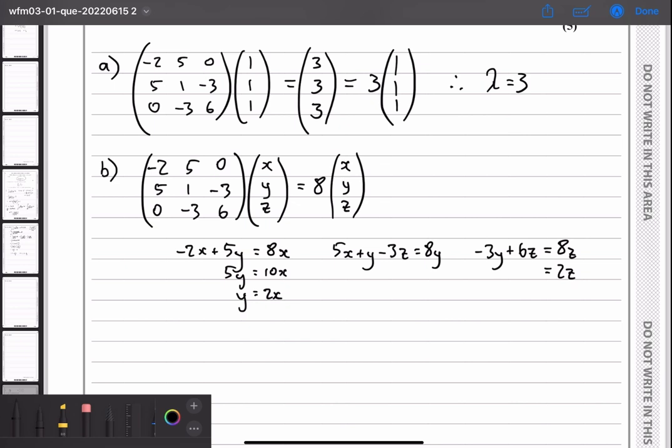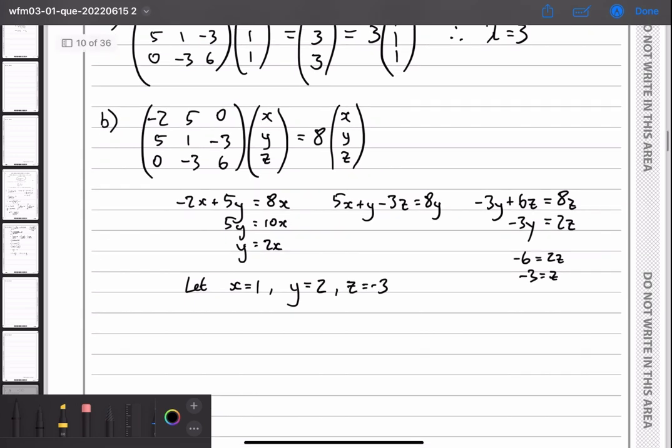So we've got 2z there and minus 3y there. So if I make x equal to 1, then y is 2 lots of x, so that's 2. And then over here, if y is 2, that becomes minus 6 is equal to 2z. So z is equal to minus 3.